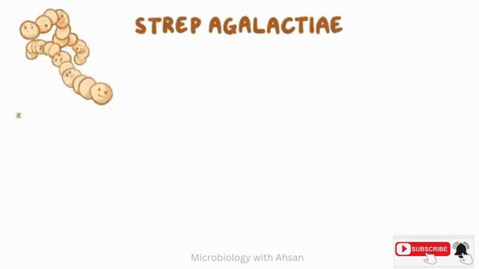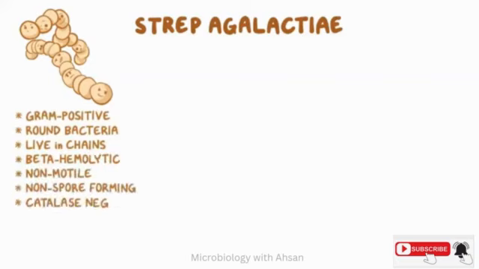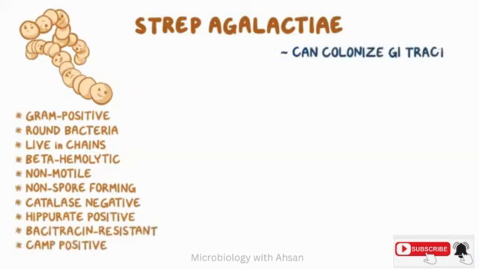Alright, as a quick recap. Strep agalactiae is a gram-positive round bacteria that tend to live in chains. It's beta-hemolytic, non-motile, non-spore-forming, catalase negative, hippurate positive, bacitracin resistant, and CAMP positive. This bacteria can colonize the gastrointestinal tract and vagina asymptomatically.